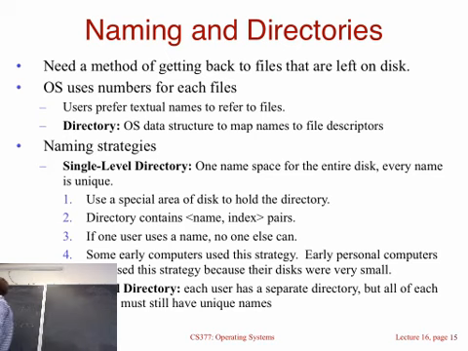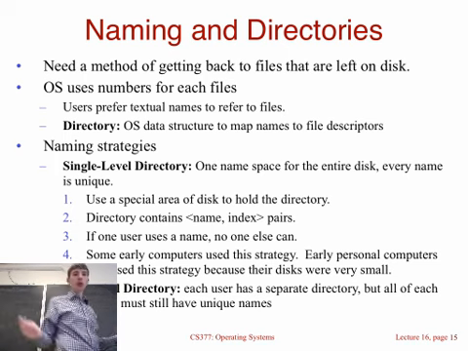What happens if you have two users who want to name their file the same thing? What if you have report.txt and someone else wants to use report.txt? You essentially can't, because you can't have two files with the same name when you just have this one directory.